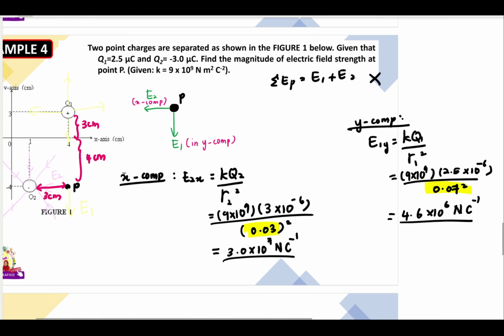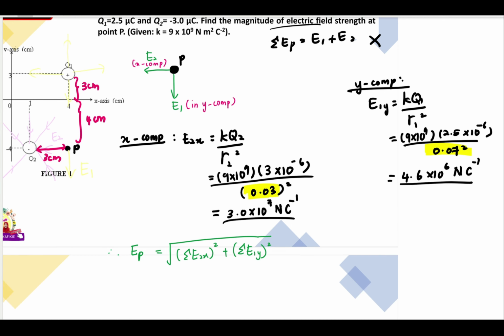Okay, soalan nak minta at point P, okay, the net electric field ataupun the total electric field. Therefore, okay, the resultant electric field E at point P is equal to square root total electric field X squared plus total electric field in Y component squared. Kan? So, kita ada satu kan, X dengan Y. Okay.